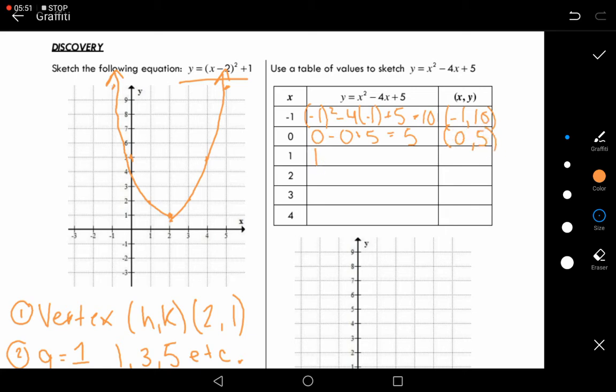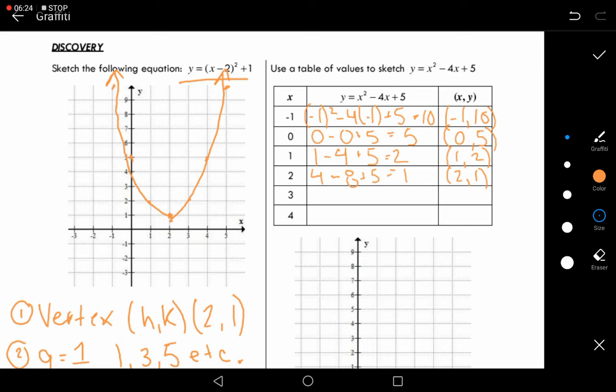1 squared is 1. 4 times 1 is 4, plus 5. So we have 6 minus 4, so that would be 2. We have the point (1, 2). 2 squared is 4. 4 times 2 is 8, so minus 8 plus 5 will give us 1. So we have the point (2, 1).